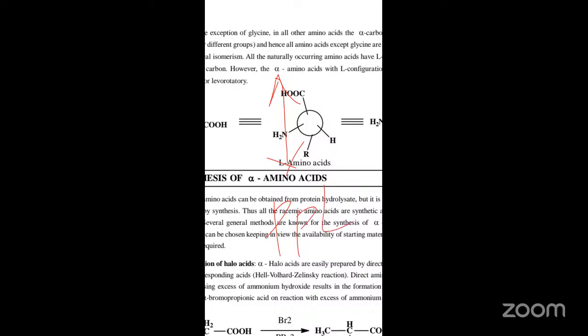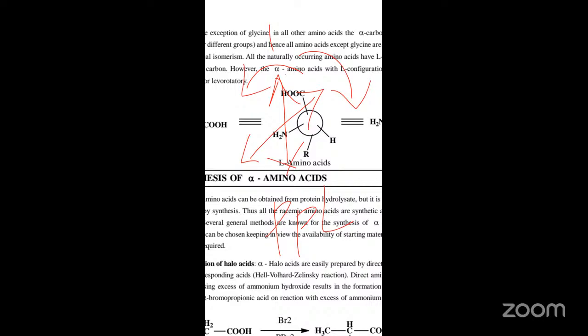So when we place this compound in a polarimeter, the compound, based on its nature, will rotate this light either towards the right side or towards the left side here.